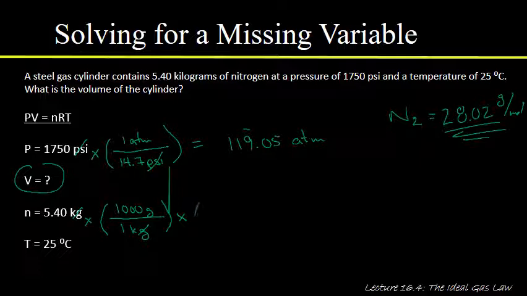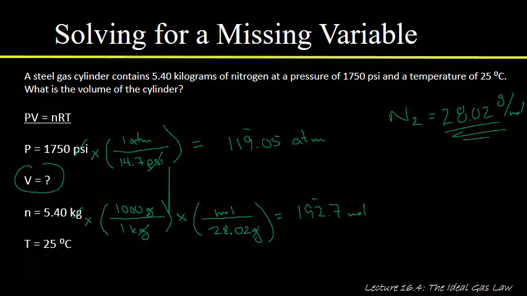So let's add a second conversion step here. 28.02 grams per mole. Our grams cancel, and we're left with, let's see, 192.7 moles, which we probably want to round to 3 significant figures.